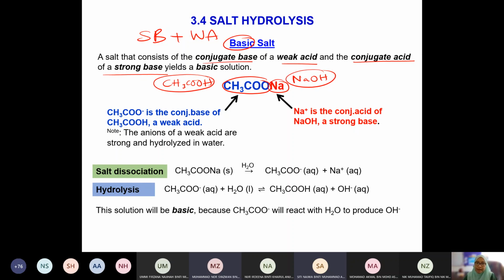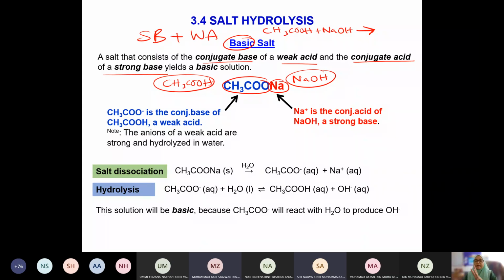If we were to write the acid-base reaction, this is how you should write it. Again, for the acid-base reaction we use the one-direction arrow, the forward arrow only.